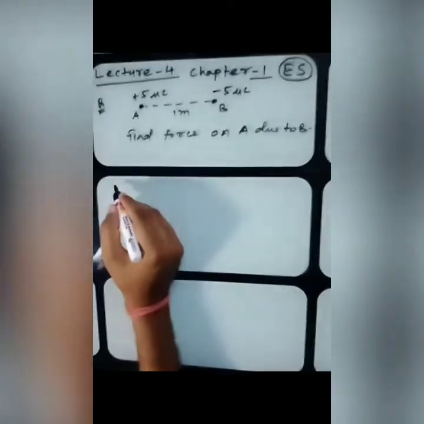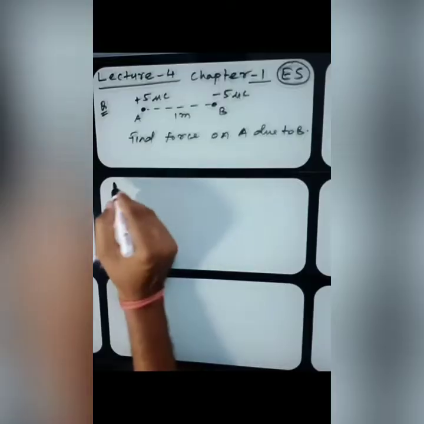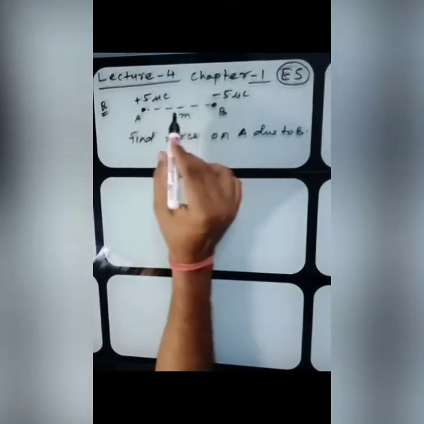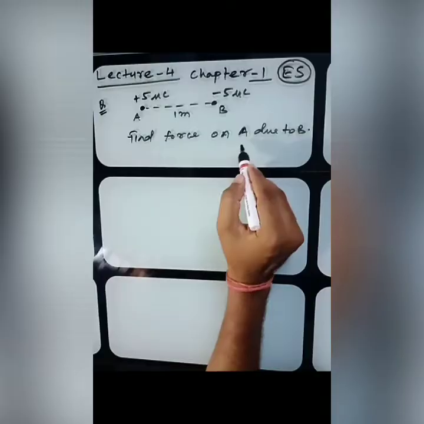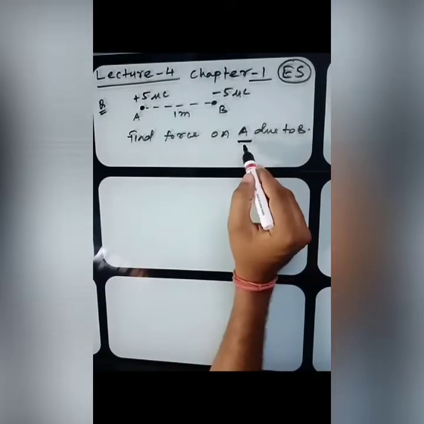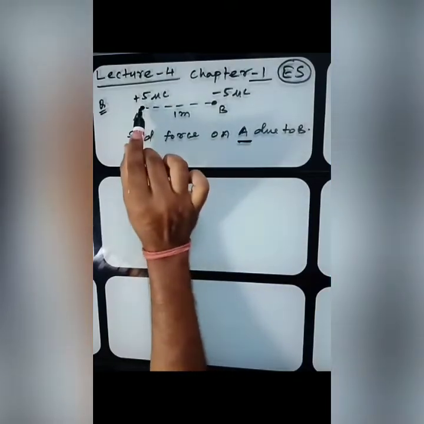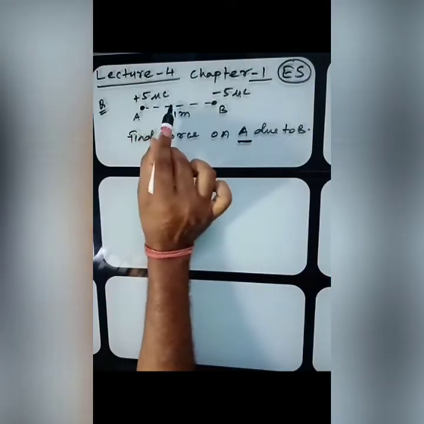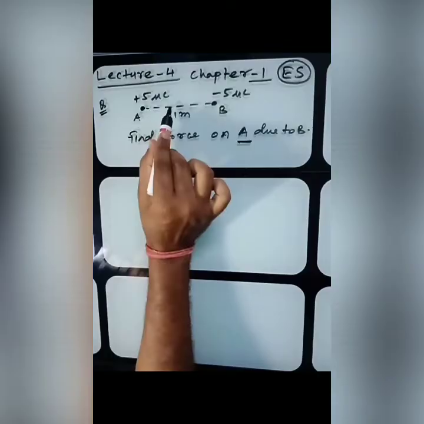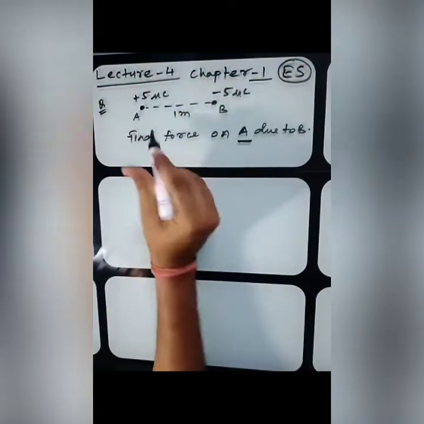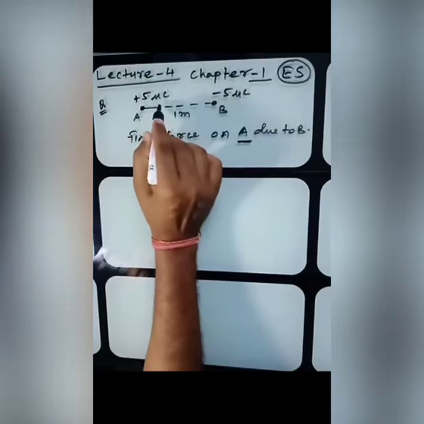Let's find the answer. As these two charges are opposite in nature and we have to find the force on A, try to find the direction of force on A. This positive charge will move towards B. B will attract the charge A and it will move in this direction. Sometimes students fail to find the direction.